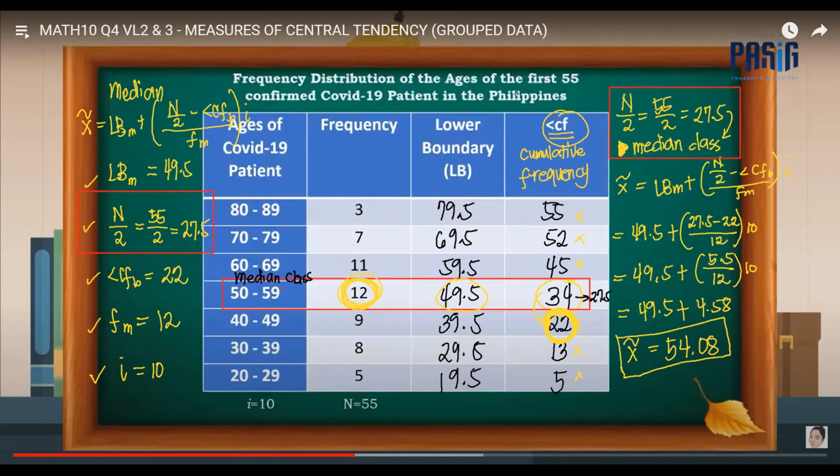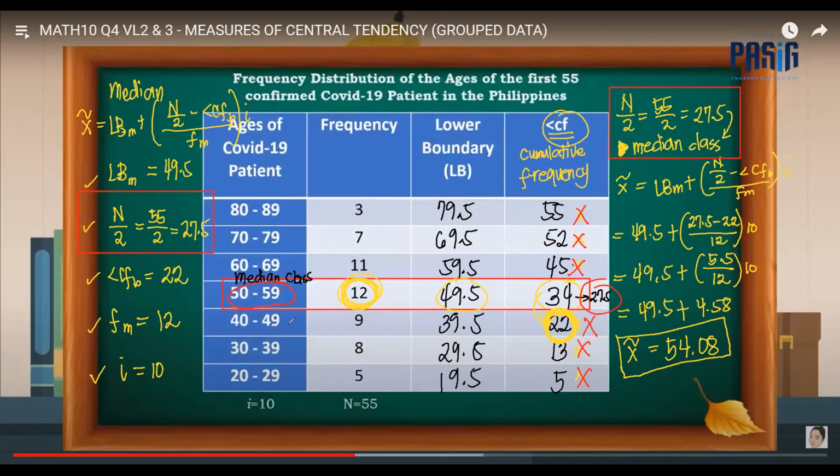Okay, so when you take that, you can identify the median class. And then after that, for the median class, look for where it is included. Because it is included in 34, it cannot be in 45, 52, 55. It also cannot be in 22, 13, and 5. That will determine your median class.